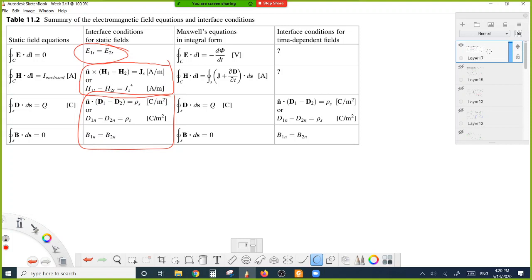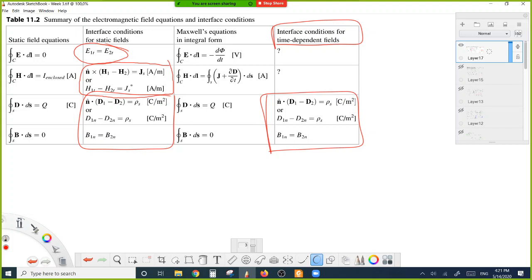And what are the interface or boundary conditions for time-dependent fields? In the case of dielectrics, you may see nothing changes in boundary conditions.